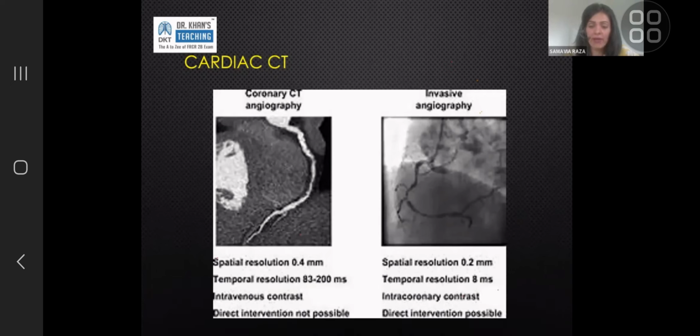Cost comes into play. But what it has an edge over cardiac CT about, nothing will ever be able to take that away, and that is the ability to do therapeutic intervention right there.